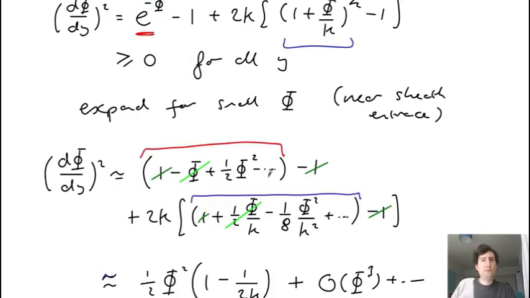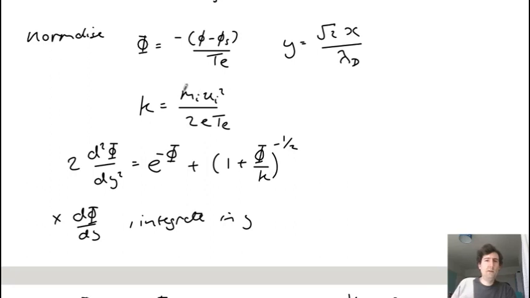And if you look back at what k was, k here is mu squared over et, so this should be bigger than a half.